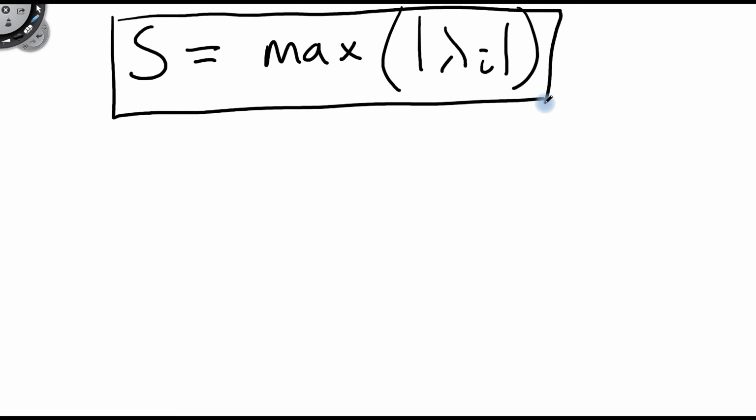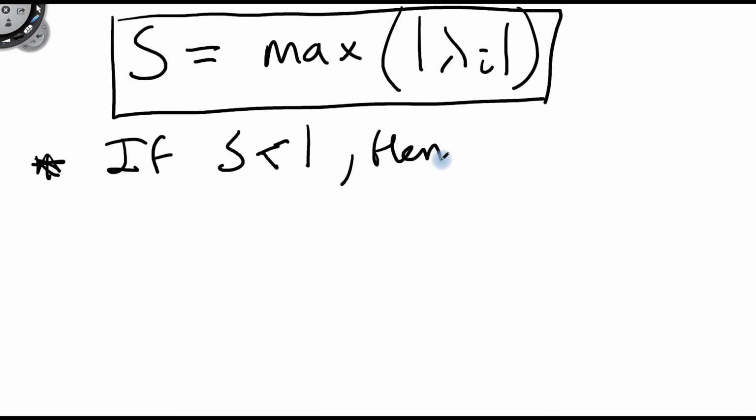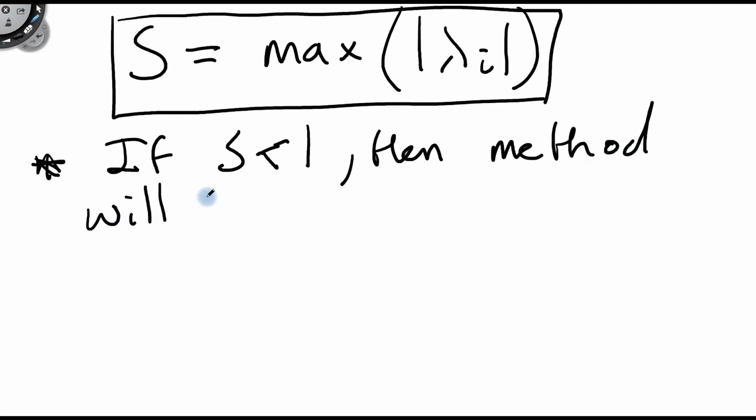Let me just make a few more comments. Now we have a spectral radius, we can say if S is less than 1, because it's the maximum absolute eigenvalue, the method will converge, whether it's Jacobi or Gauss-Seidel.